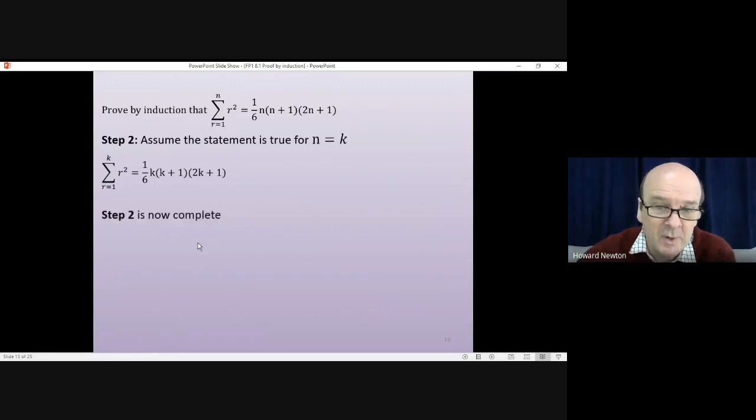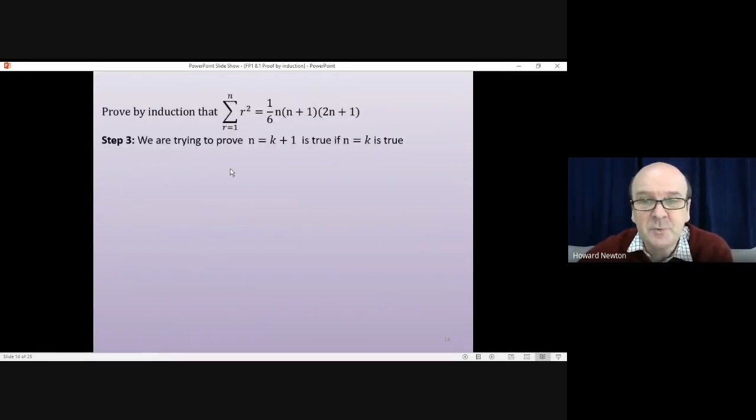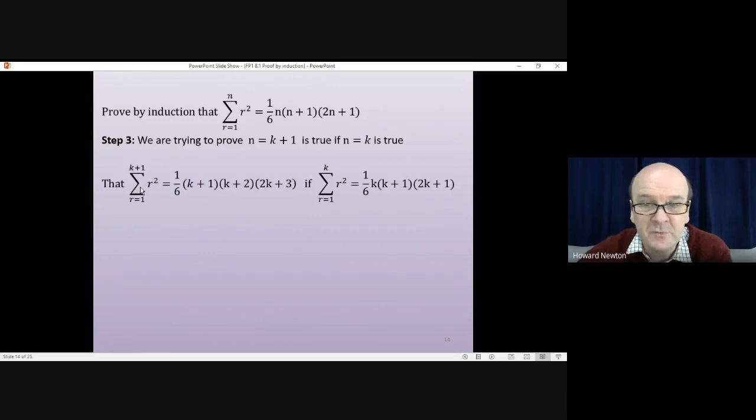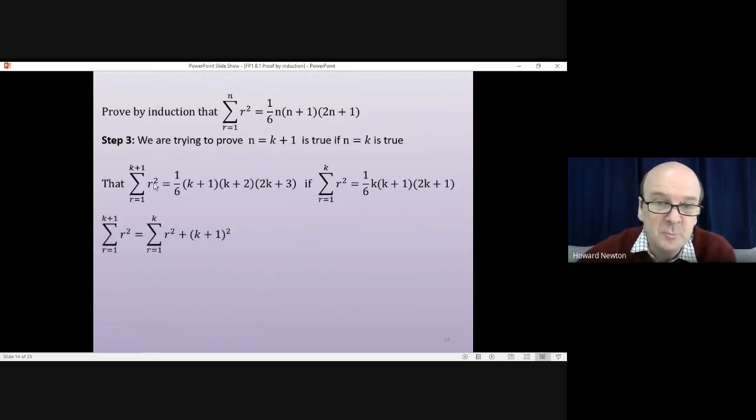Step 3 is where it all happens. We're trying to prove n equals k plus 1 is true if n equals k is true itself. That means we're trying to prove this statement here, and this is the statement we're assuming is true if n equals k. Same as on the last question, we're going to split the k plus 1 into 2 bits.